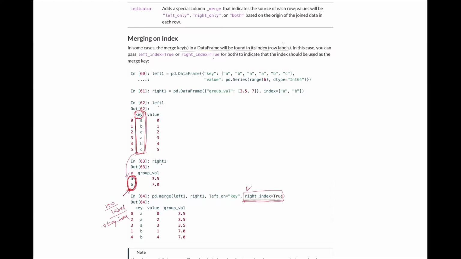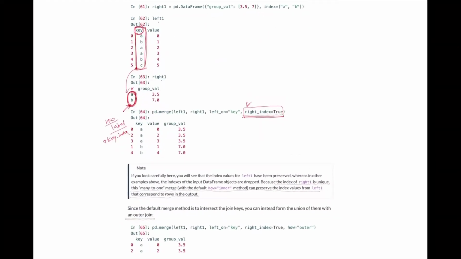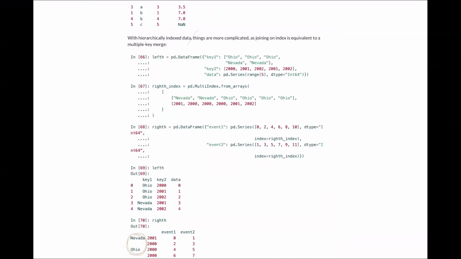And by that way, you can join these two tables together. Okay, same thing here, like left on the key, and right index is true means this right table row label will be used as a key index variable to join. Okay.